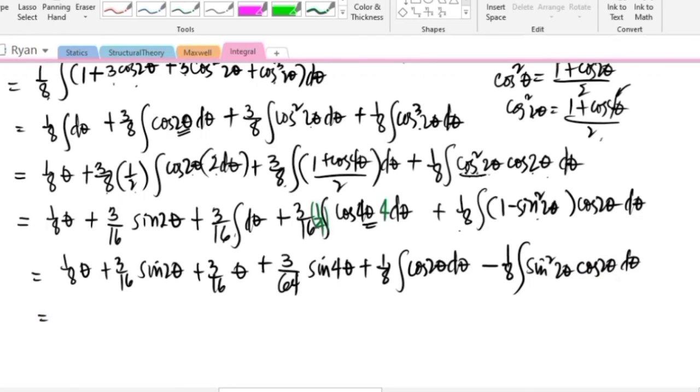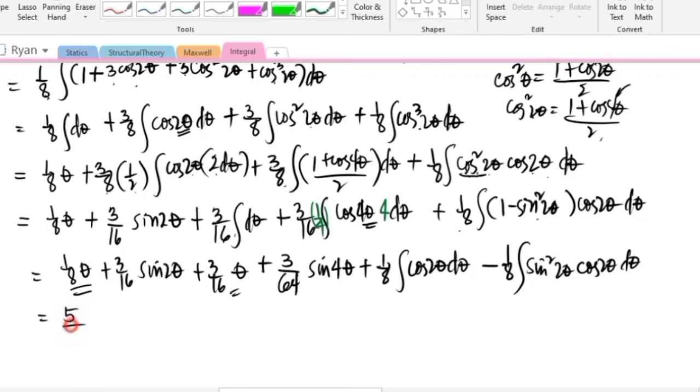So pagsamahin natin tong 1/8 and 3/16. So we would have 5 over 16.